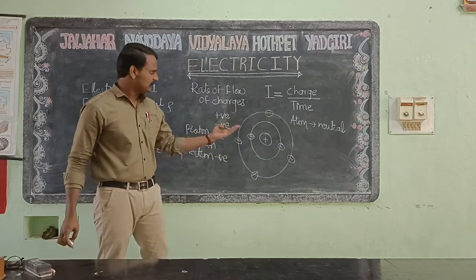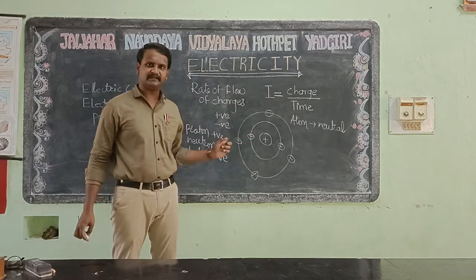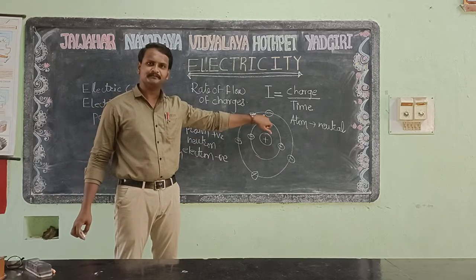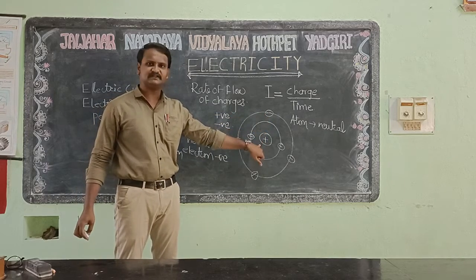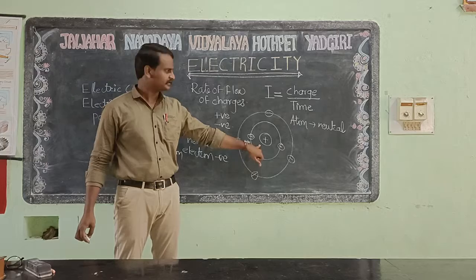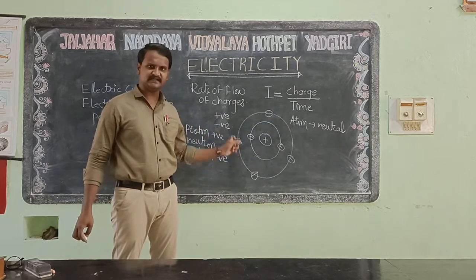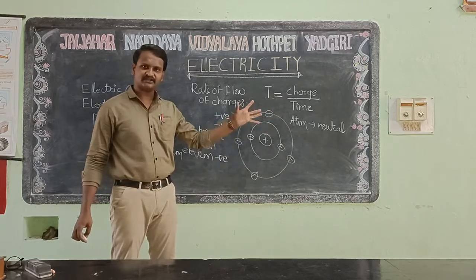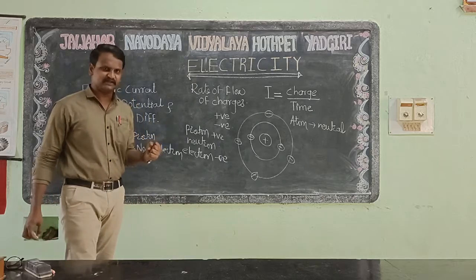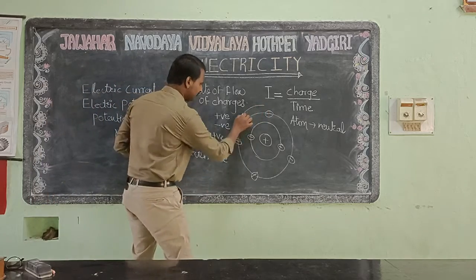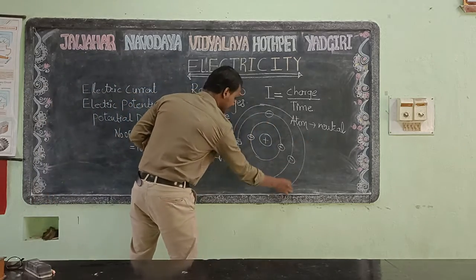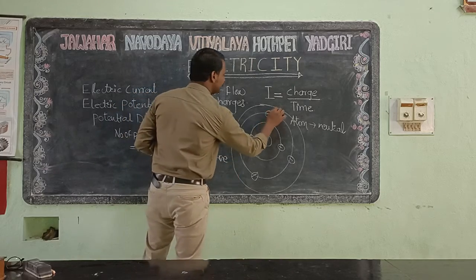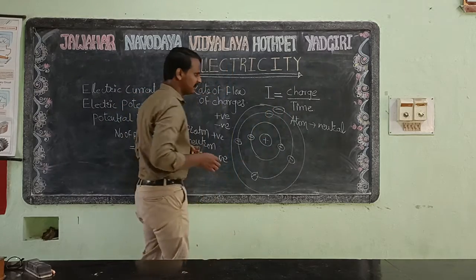Now just consider, as the number of orbits increases, the attraction between electron and nucleus decreases. As the distance increases, the attraction force also decreases. Just consider another orbit with one electron in it.